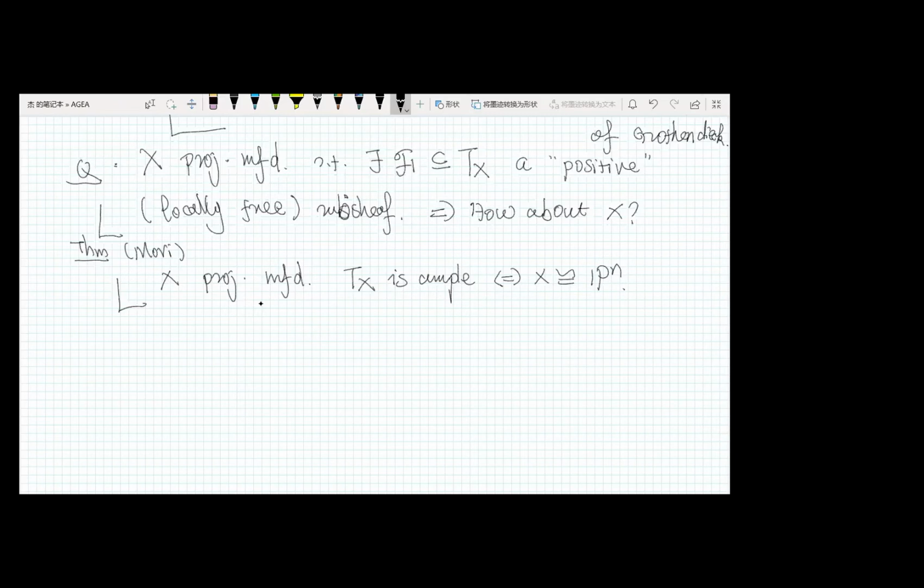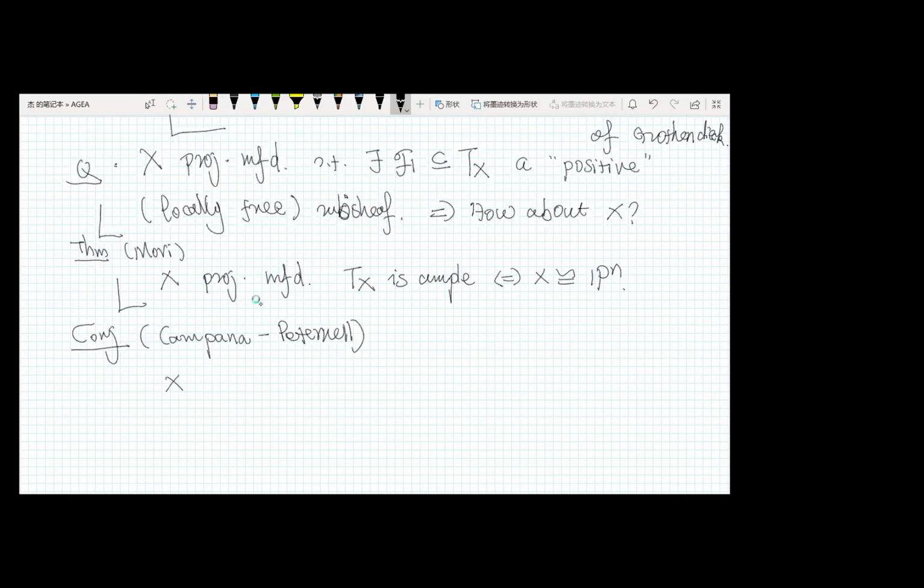In the next case, we may consider the case where the tangent bundle is nef. In this case, we have the following conjecture due to Campana and Peternell.